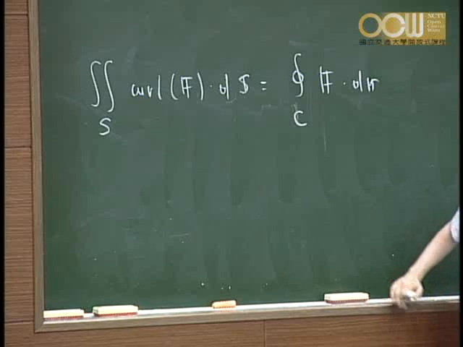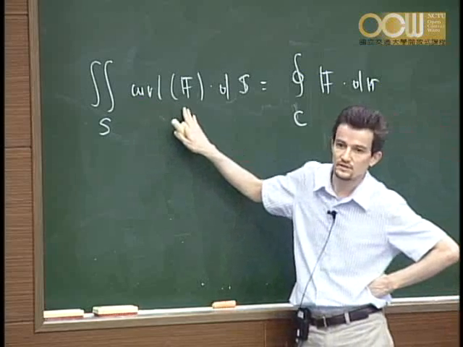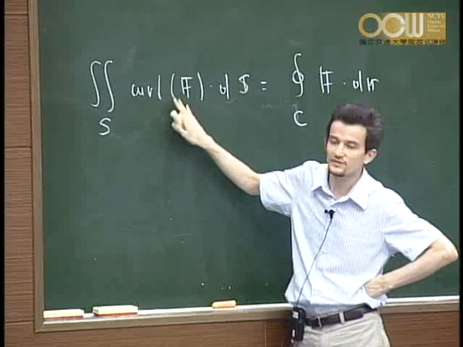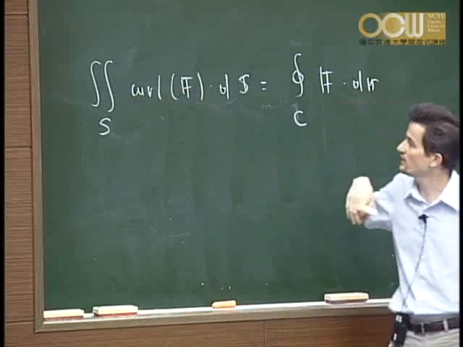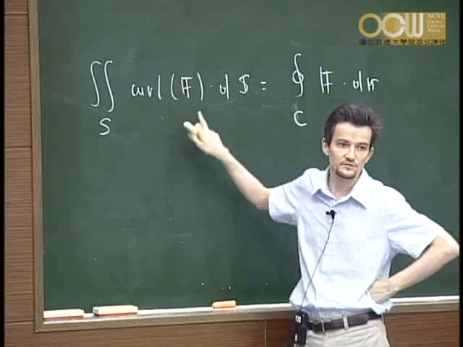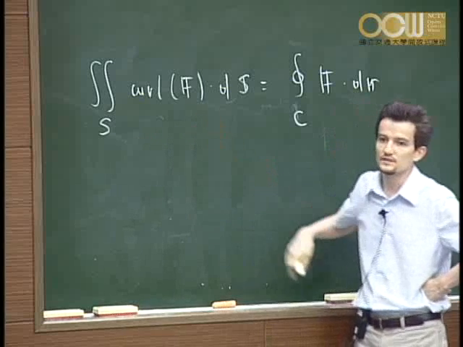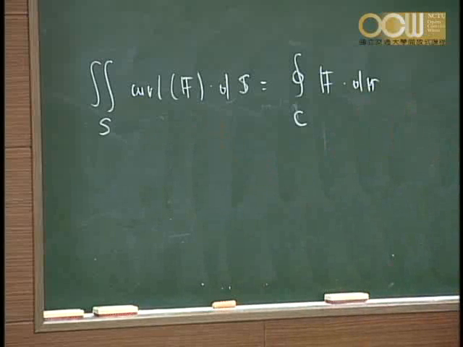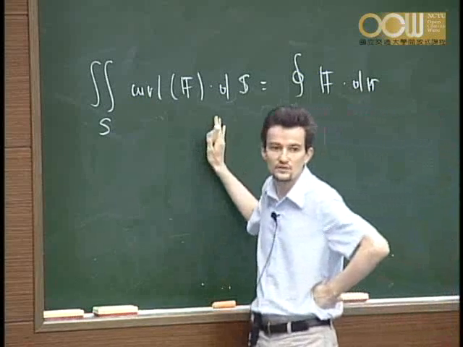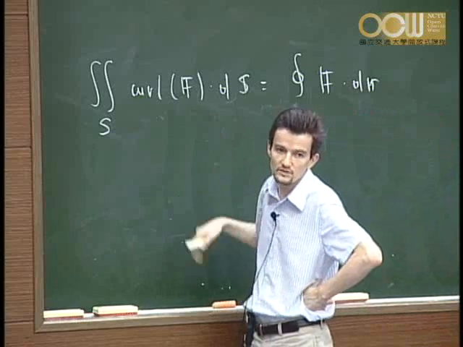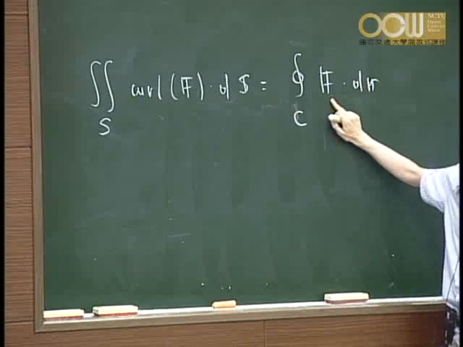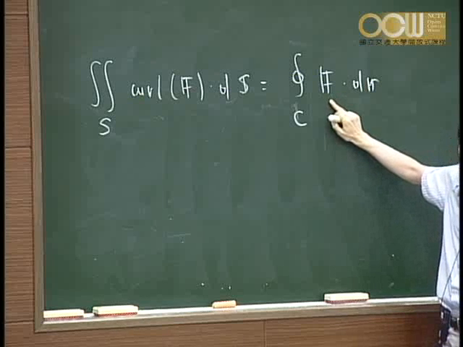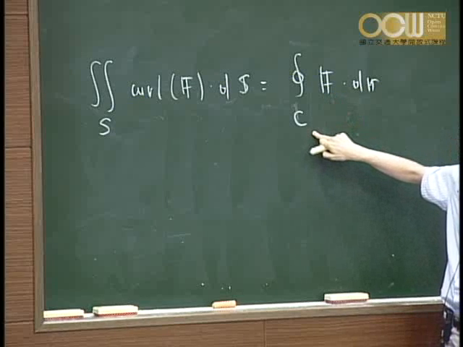Namely, the curl involves partial derivatives, so it is some kind of derivative of F. What you have here is the integral of a derivative, and Stokes' theorem tells you that in order to evaluate this integral, the only thing you have to do is look at the original function, the antiderivative. Only the behavior of the antiderivative at the boundary is important.